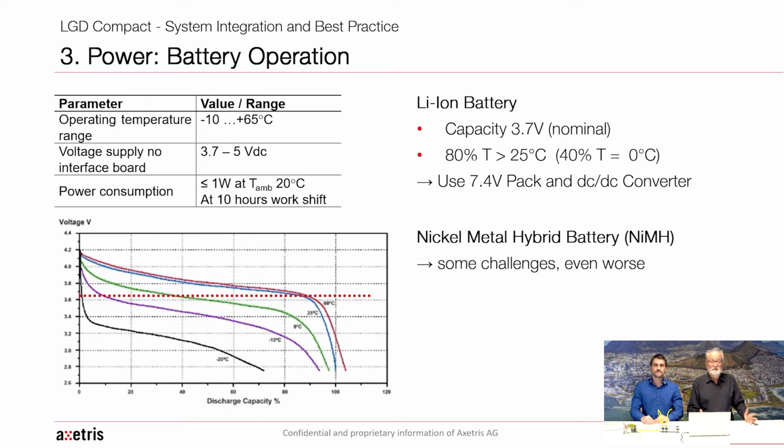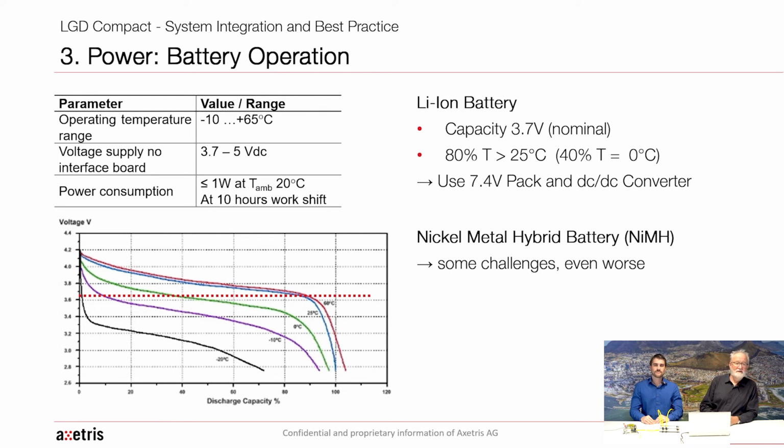Another solution I would mention is take 2 batteries in series, resulting in 7.4 volt, and reduce this voltage with a DC-DC converter to, let's say, 4 volts. This is also very stable, but that adds a little bit of cost to this solution.